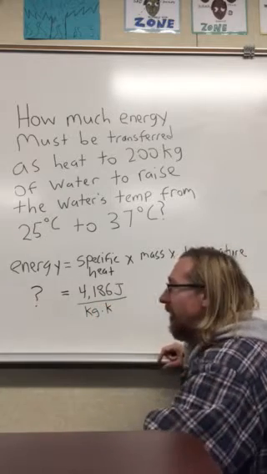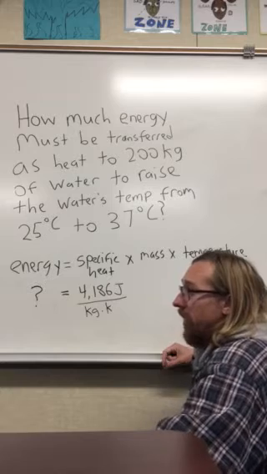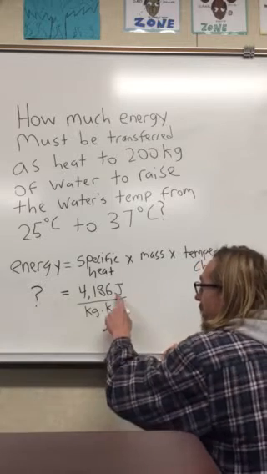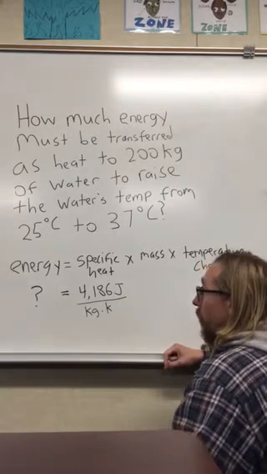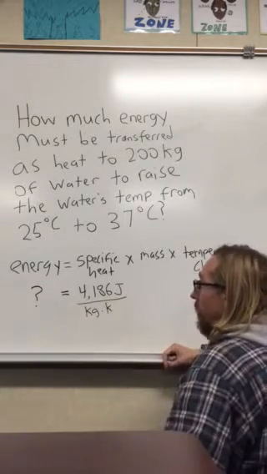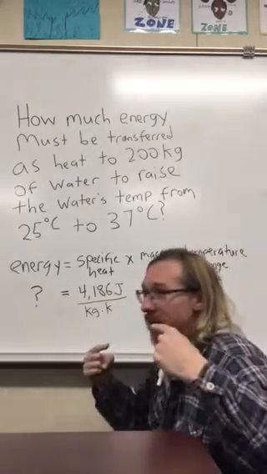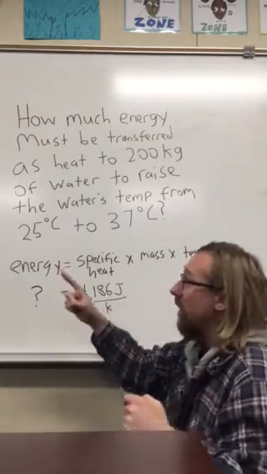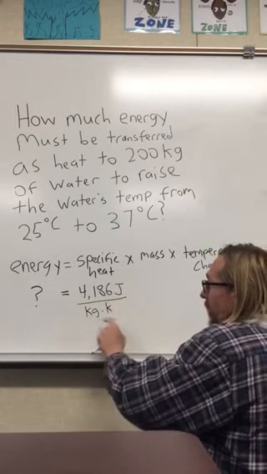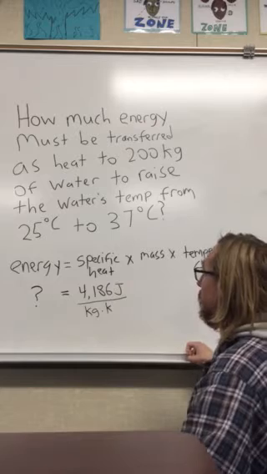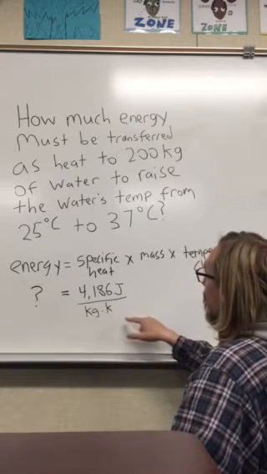And if you think about it, this makes sense as a unit for specific heat, because specific heat is the amount of energy that is required to raise the temperature of 1 kilogram of substance by 1 Kelvin. So if you memorize the definition of specific heat, you'll always know the unit for it because it makes sense: energy, mass, temperature. Okay, so that's the specific heat of water.